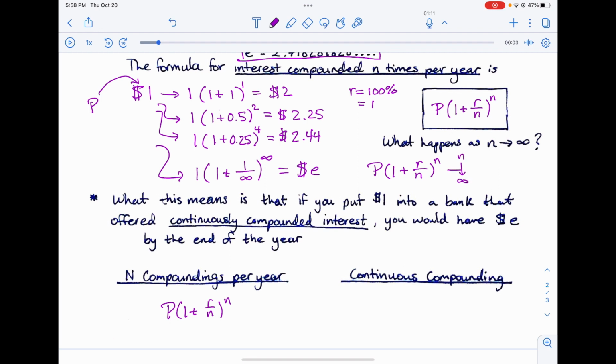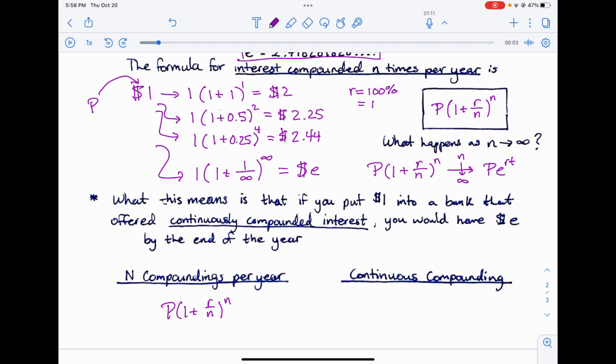This is kind of a weird form of notation, but basically it means as n gets bigger and bigger and bigger. What does this actually turn into? Well, this formula turns into P times E to the RT.